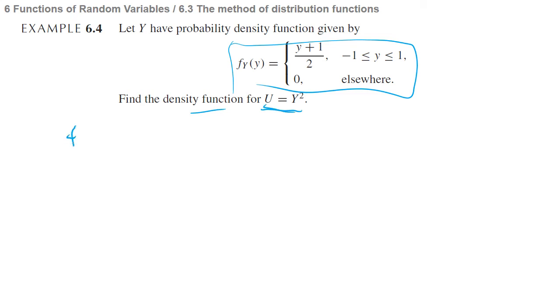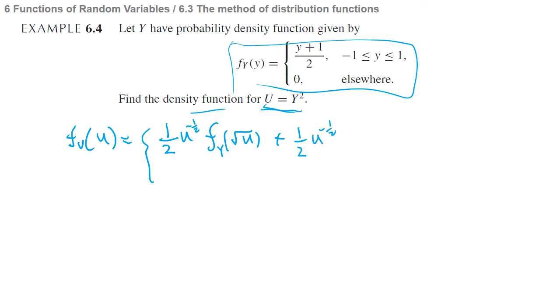So f_U(u), previously we calculated it as 1 over 2 u to the minus 1 over 2 times f_Y of square root of u, plus 1 over 2 u to the minus 1 over 2 times f_Y of minus square root of u, for u greater than or equal to 0, and 0 for other regions.